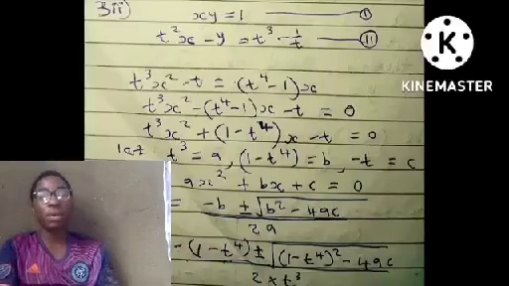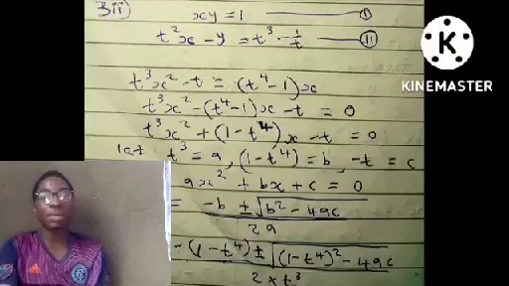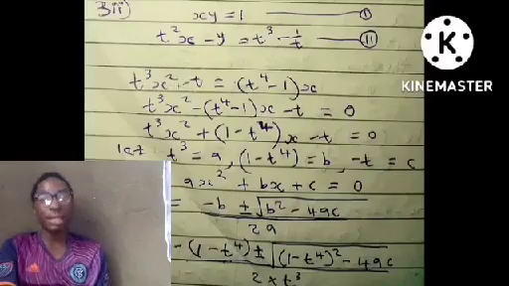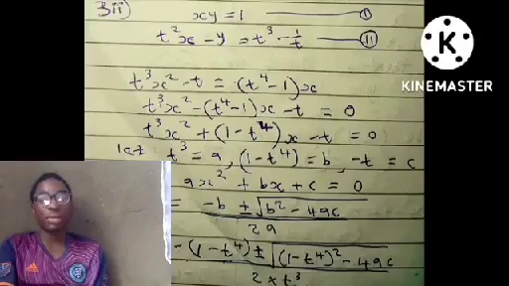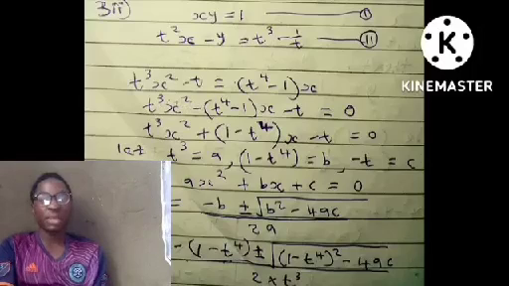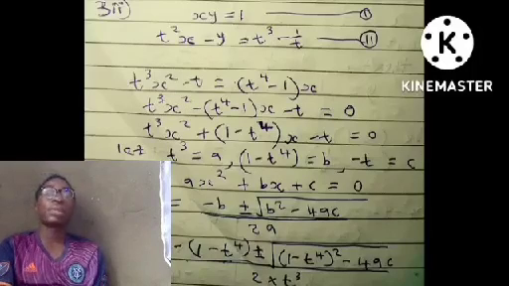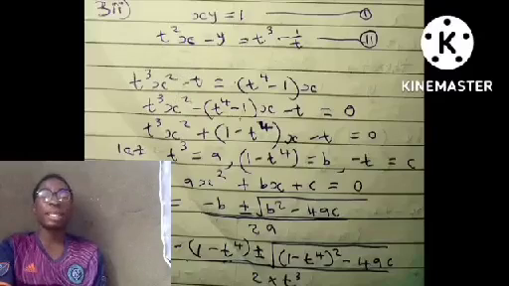Now what I need to do is factorize. So basically, I'll factorize: t cubed x squared minus t equals t to the power 4 minus 1 times x. Basically, I'm trying to factorize. This one will give me a quadratic equation because you have your x squared term, you have your x term, and you have your ordinary term.